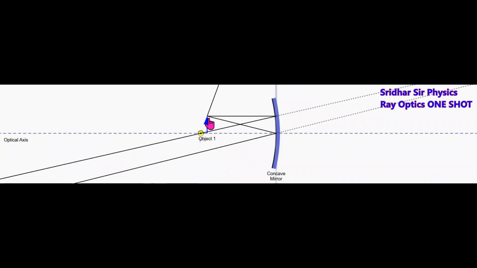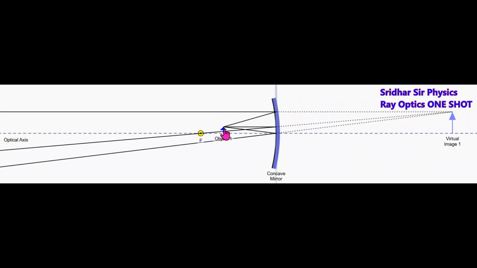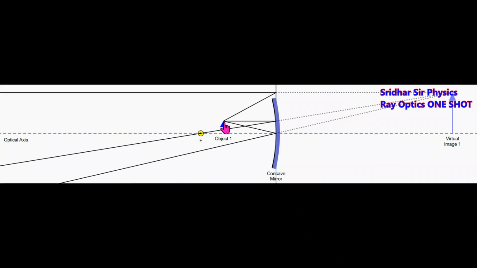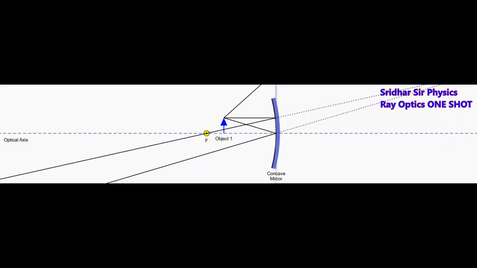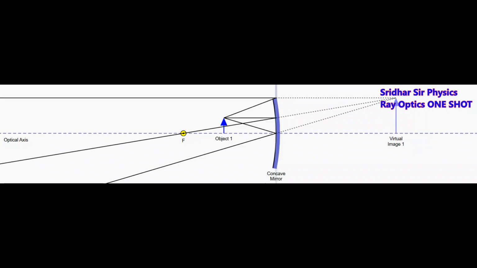Then the object between focus and the pole. Now you can see clearly. One ray parallel to the principal axis after reflection will pass through the focus.